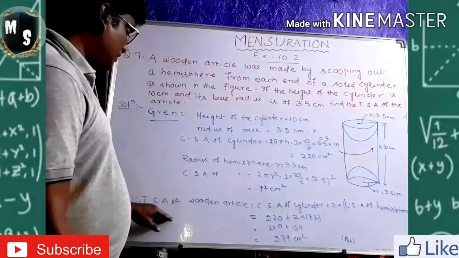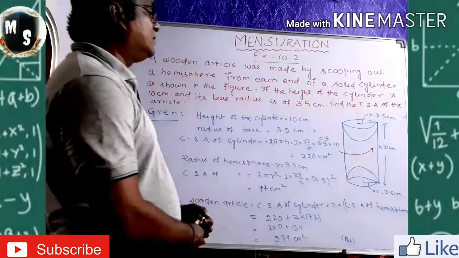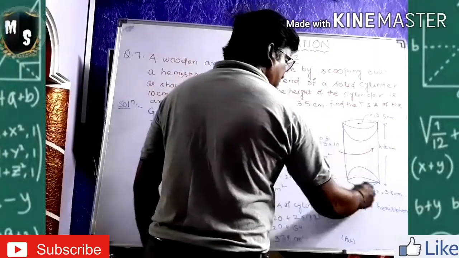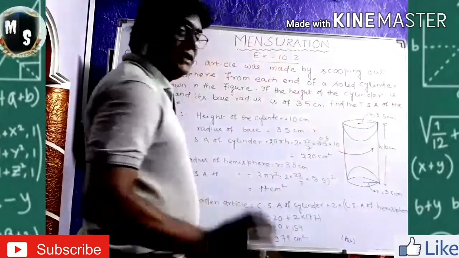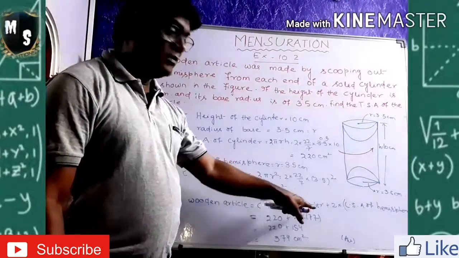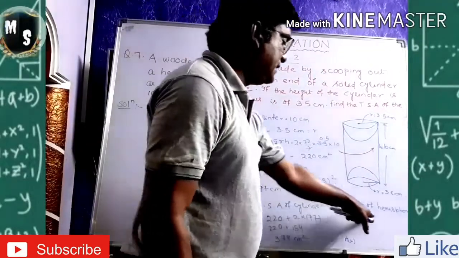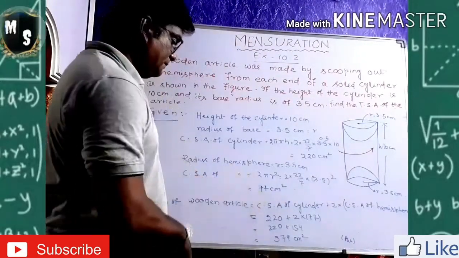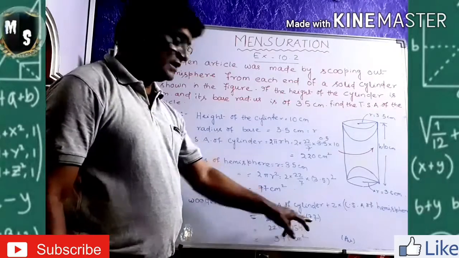Then, now go for the TSA of the wooden article. What is the TSA of the wooden article? The CSA of two hemispheres plus the CSA of the what? Cylinder. You have to add it. CSA of the cylinder plus 2 into CSA of one hemisphere. One hemisphere CSA came 77, so 2 hemispheres means 2 into 77.